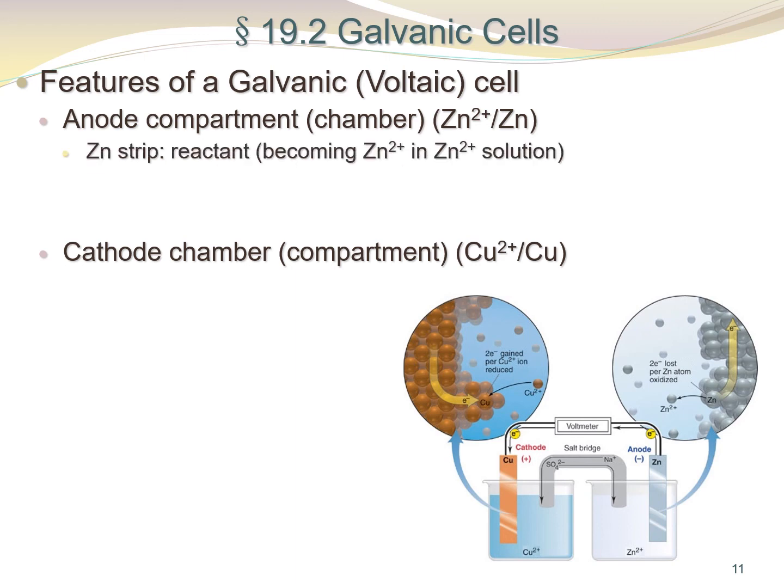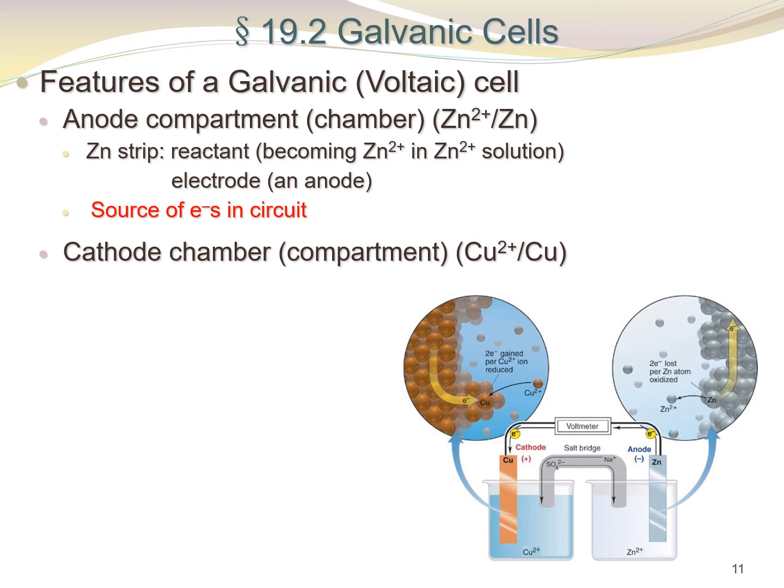In the chamber, we have the electrode as well as the half reaction to take place. And in our case, we got the anode, which is zinc. But we also realized zinc is a reactant as well, so that it can produce electrons.